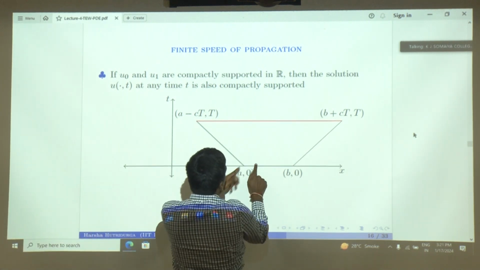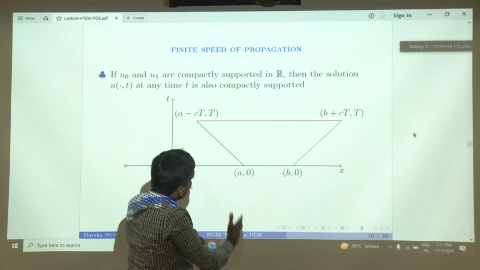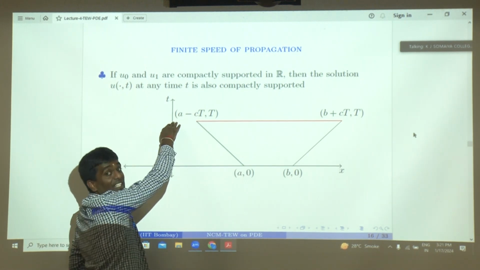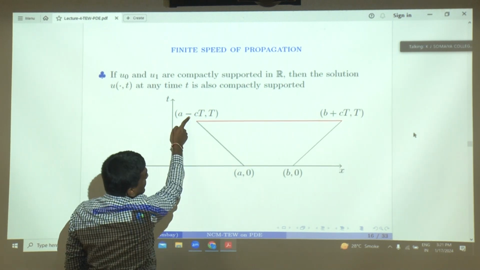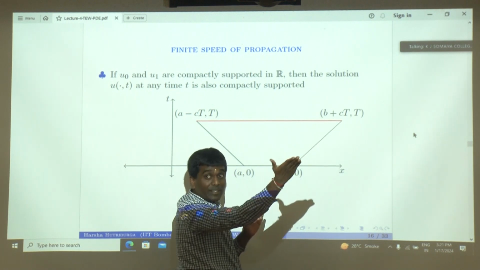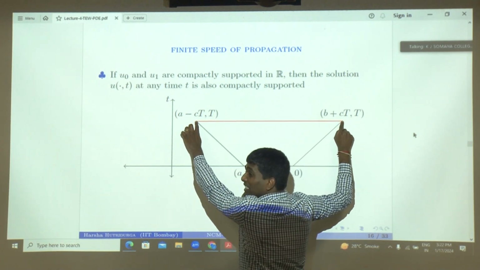It can influence at most that cone, right, from the previous slide. So, in order to find a patch of that line at level capital T, you have to essentially draw a line of slope minus c at the left end point and a line of slope plus c at the right end point. So this is the patch that is influenced at capital T level.